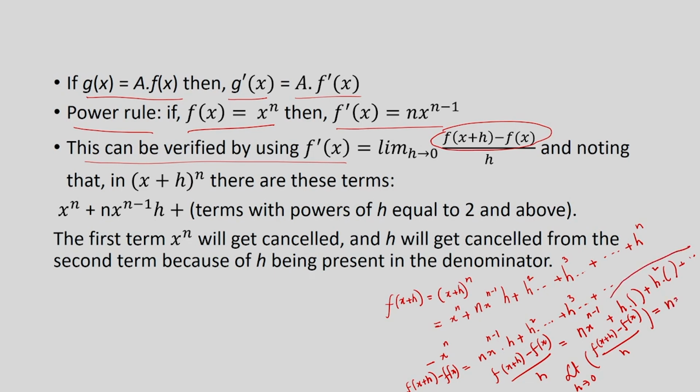So, you are left with only n multiplied by x to the power n minus 1. That is the final result: if you take the derivative of x to the power n, what you get is n multiplied by x to the power n minus 1.